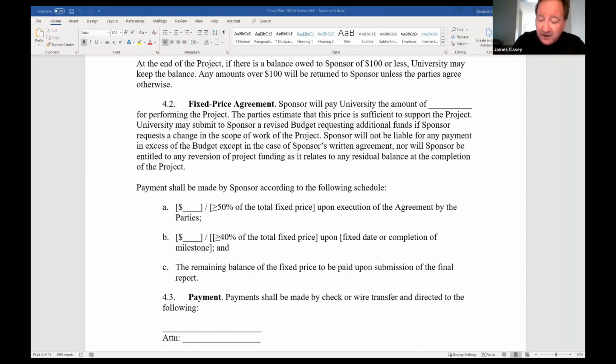So fixed price agreements are very common when you get into the realm of industry work, and when work is often moving closer toward procurement. So keep that in mind as you move forward. From my perspective, some of the most important questions you need to answer up front are: what is the term of the contract?